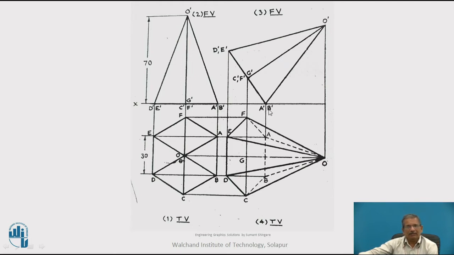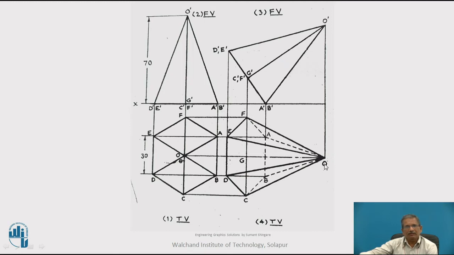From here, with this generator distance, take a point and mark an arc here, or draw a vertical line, a parallel line, and mark an arc here, so that you will get point O dash such that it is 60 mm above HP and AB is resting on the base. Redraw the sketch here and project downwards. So, the next condition is satisfied, that the apex is 60 mm from HP or from the ground.